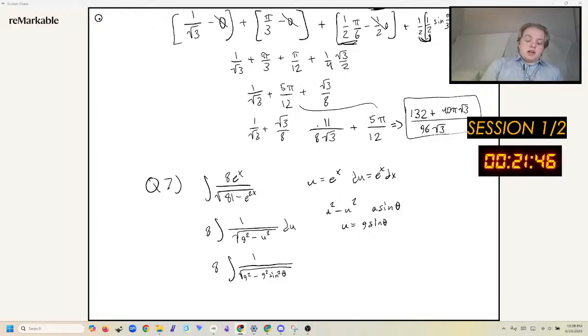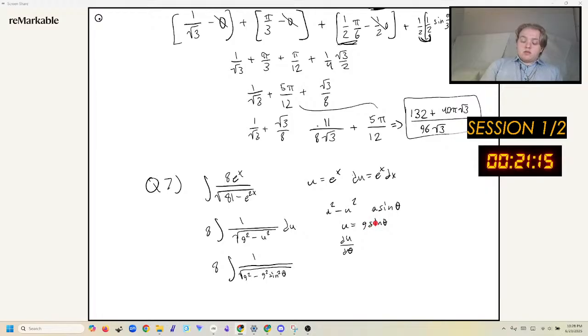Now, because we're doing another substitution, u equals 9 sine theta, we have to do du d theta and get the new derivative, the new marker for what we are taking the integral with respect to. In this case, we're switching over to theta since we're doing a trigonometric substitution.